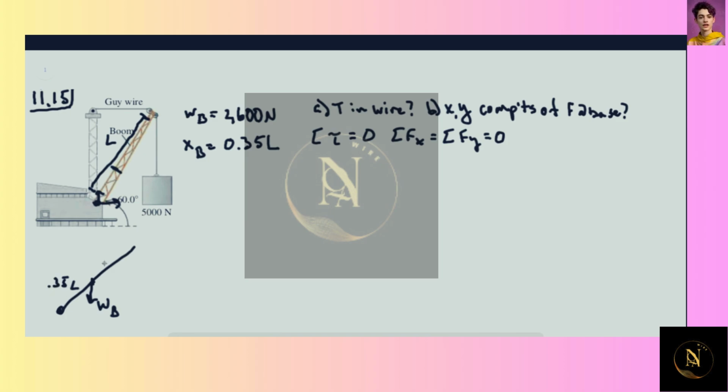So this is 0.35 L, this is 0.65 L. The weight of the load acts downwards at this end here. The tension in the guy wire acts to the left.